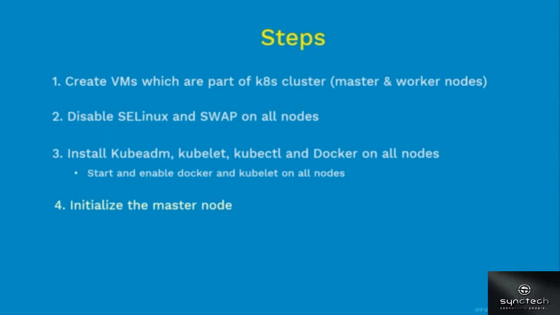Can you guess what is the command to configure Kubernetes master node? If your answer is kubeadm init, then it is right. So we'll initialize the master node with kubeadm init.